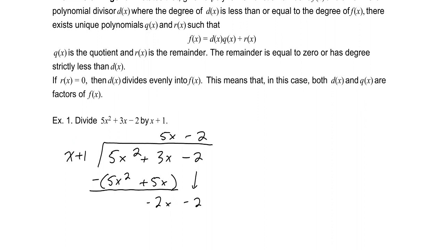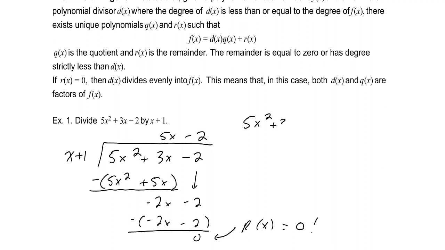I'll put a minus 2 here, then I'll multiply minus 2 times x plus 1, which is minus 2x minus 2. Subtracting those two, I get 0. My remainder equals 0. That's fantastic. That means that, writing this the way the division algorithm works, 5x squared plus 3x minus 2 can be written as x plus 1 times 5x minus 2.